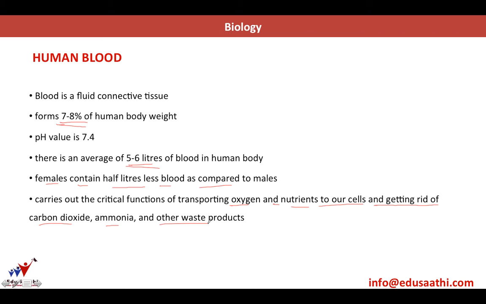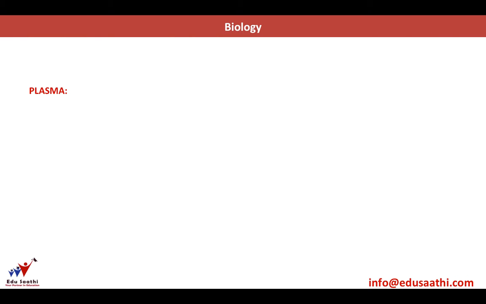So its purpose is to transport oxygen and nutrients and to get rid of the unwanted parts. Blood consists of two parts, plasma and blood corpuscles. If I talk about the plasma first, the liquid part of the blood, which forms 60% of the blood, is known as blood plasma.